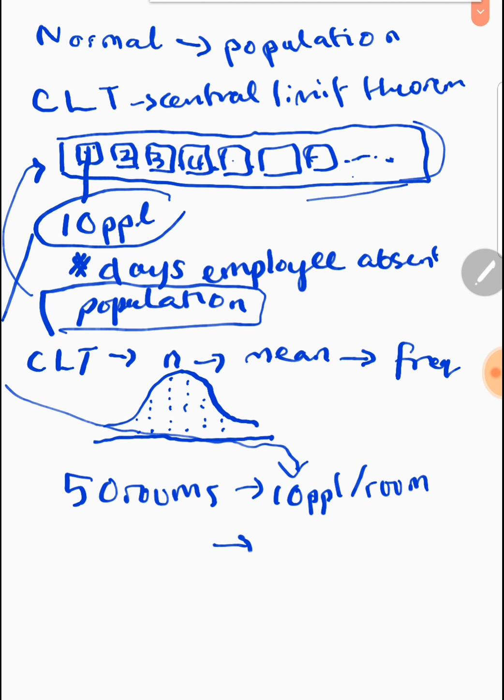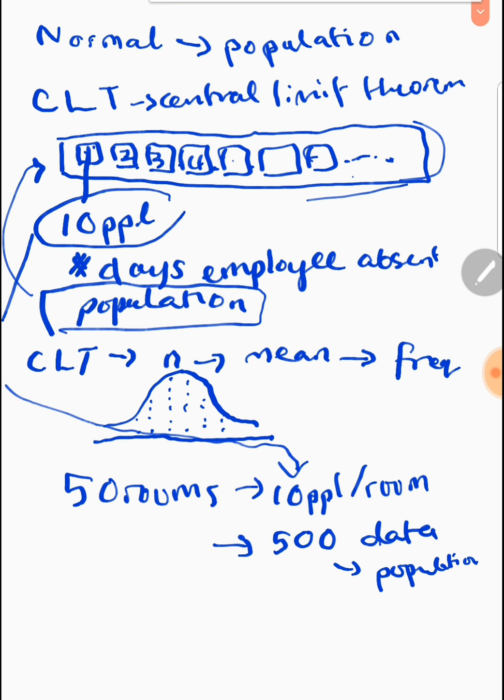So this basically means that if we get the number of days in which employees are absent for a year, I will have 500 data points. Like we mentioned earlier, this applies to the whole population, right?